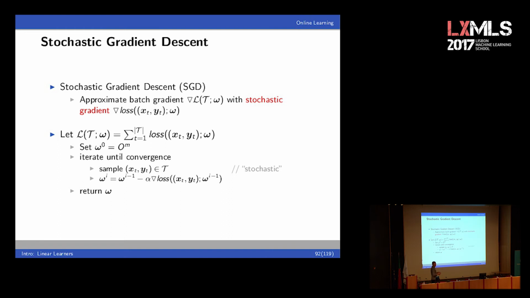Or another way would be, if you have a finite training set, that you shuffle your training data, which also makes it random, or for a very large training set, you pick the examples from the training set one by one. The proofs that you can give for convergence and so on depend on what kind of stochasticity you have: with replacement, without replacement, and so on.